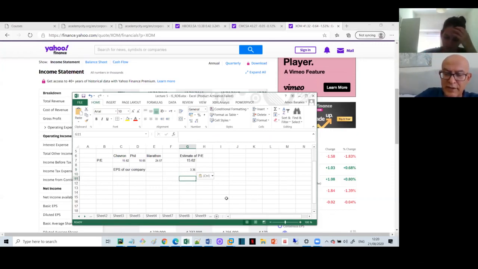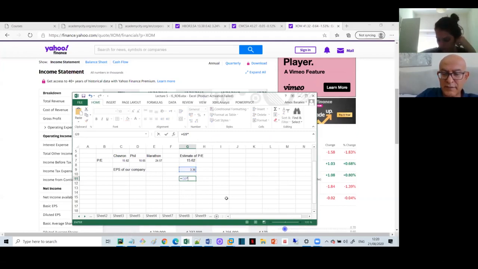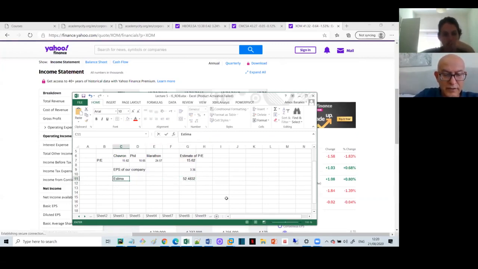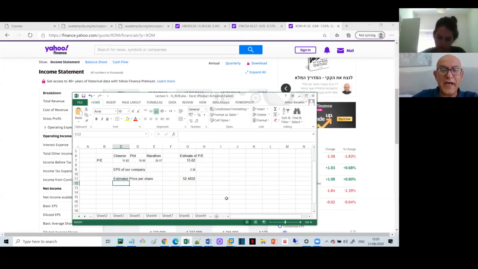This is our estimate of the price for Exxon. Multiplying it by 15.62. And that's our estimated price per share. Beautiful.